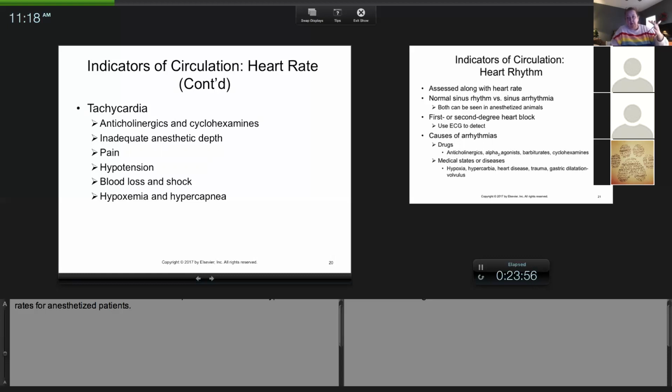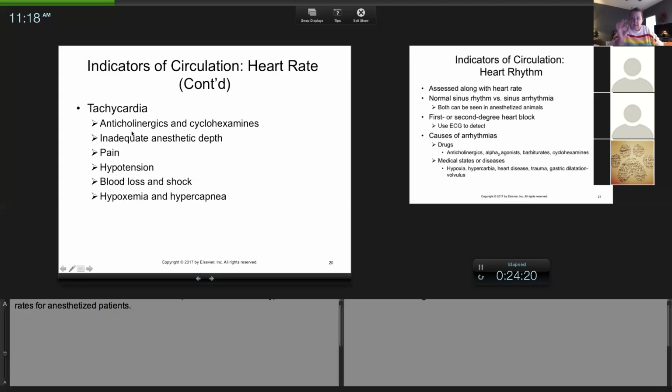Sometimes when you give atropine, the heart rate goes too fast. Cyclohexamines is ketamine. Did the animal have any ketamine in the protocol? Because ketamine is a cardiac stimulant, so it'll cause an increase in heart rate.